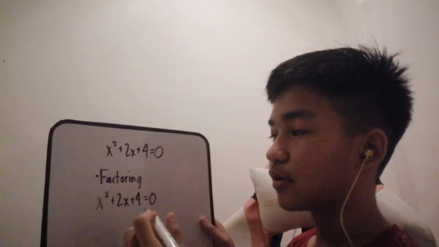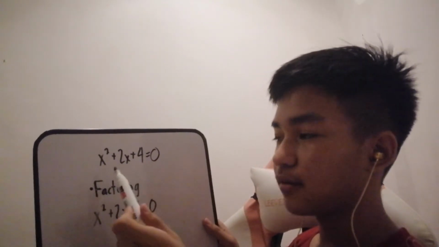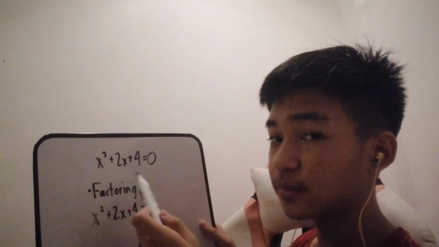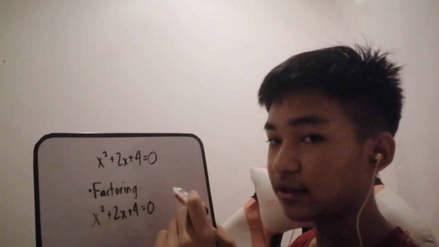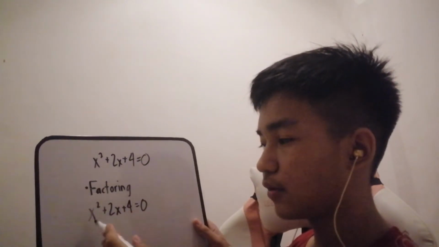So the next method, the second method, is called factoring. And now, this given equation, x squared plus 2x plus 4 equals 0, which is a standard form, will now be converted to factoring. So, this is the given, and now we will put it in this term, x. So, we will create parentheses on x squared.